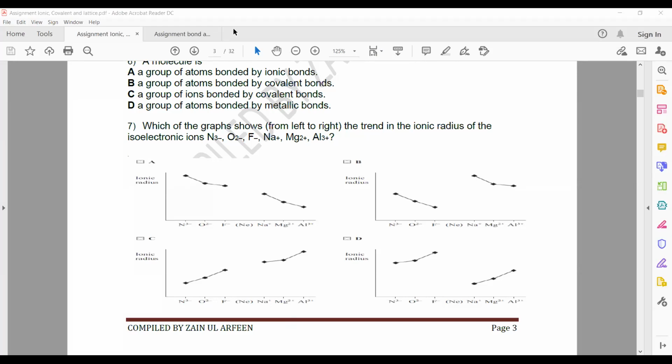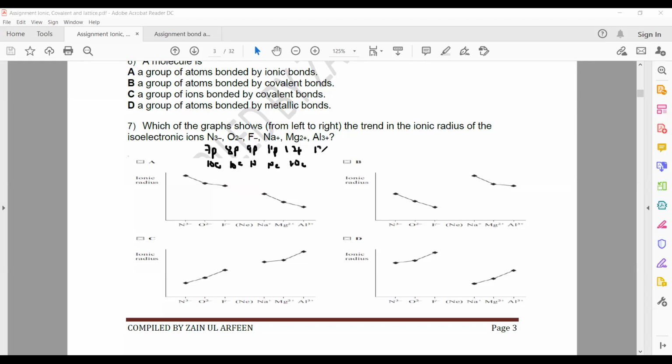Yes, A is the right answer, because these are all isoelectronic. What you have here, for nitrogen, is 7 protons attracting 10 electrons. For oxygen, 8 protons are attracting 10 electrons. For fluorine, 9 protons are attracting 10 electrons. For sodium, 11 protons are attracting 10 electrons. Magnesium, 12 protons are attracting 10 electrons.